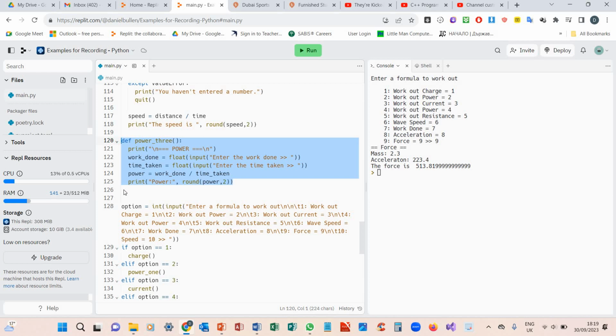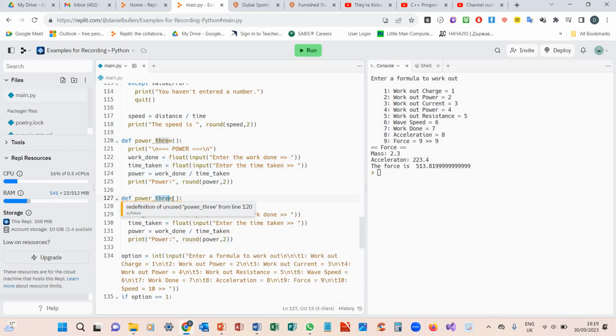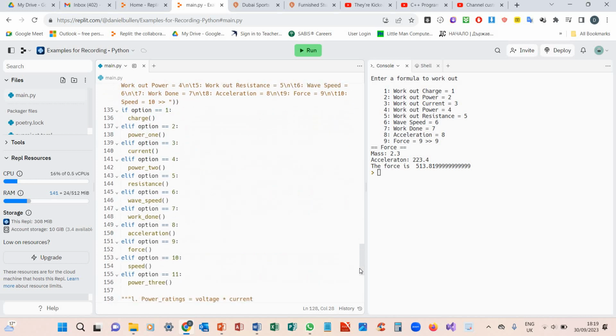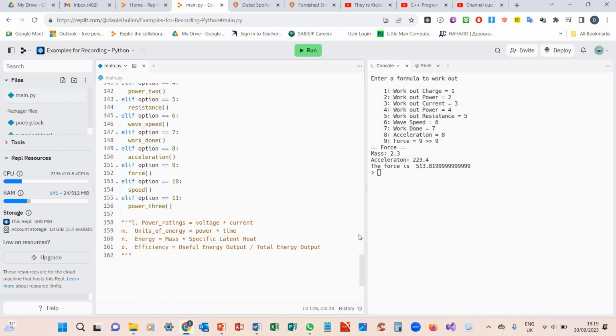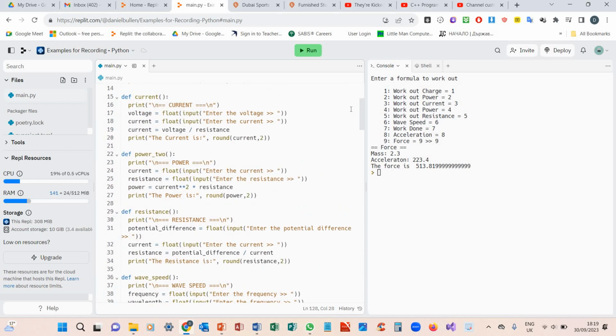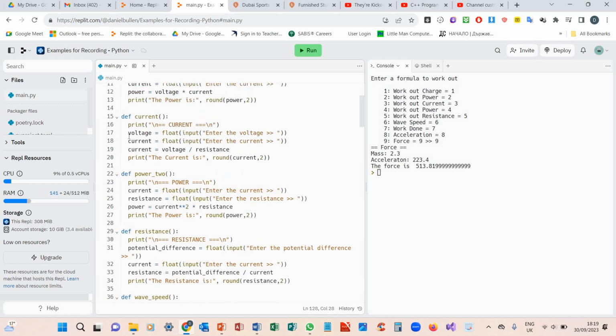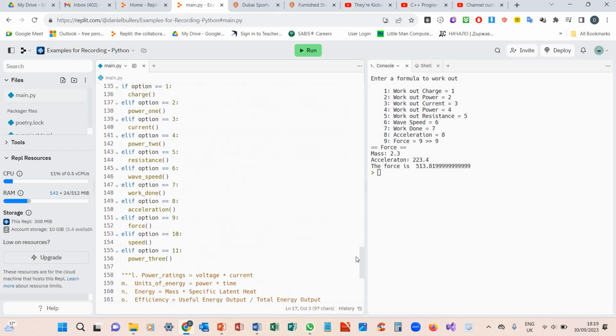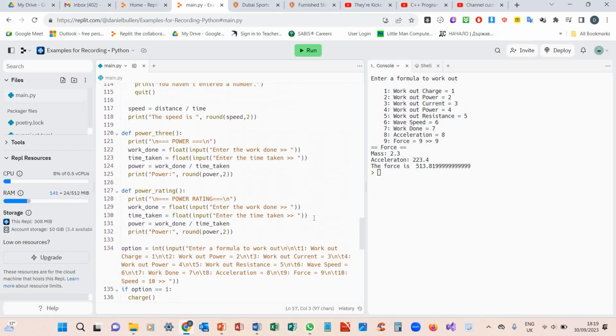So what I'm going to do, I'm just going to do that. So we got power rating, which is voltage, current. We can go back up and just do voltage and current here, because that's what power rating is.